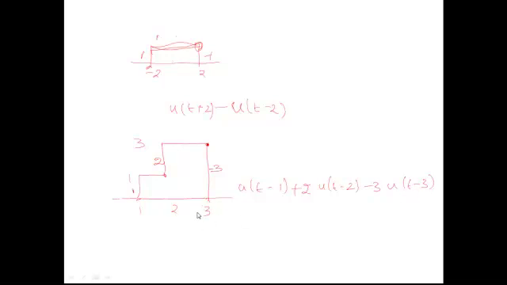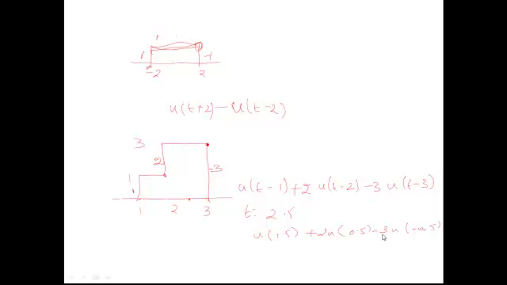Now, if you want to validate your signal, what you can do is apply some points. Say for example, let us apply t is equal to 2.5. We know it's at this place, where our amplitude is 3. So if you apply t equal to 2.5, the result of this equation should be 3. The first expression becomes u of 1.5 plus 2 times u of 0.5 minus 3 times u of minus 0.5.